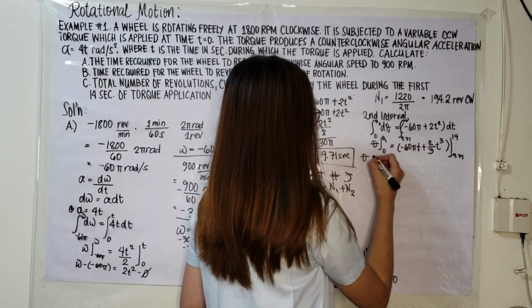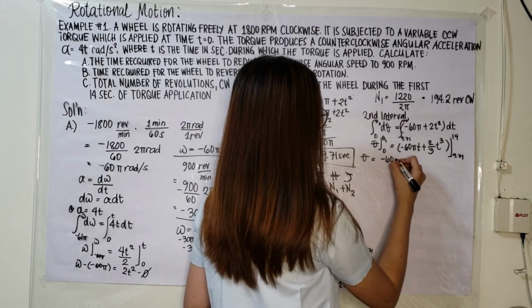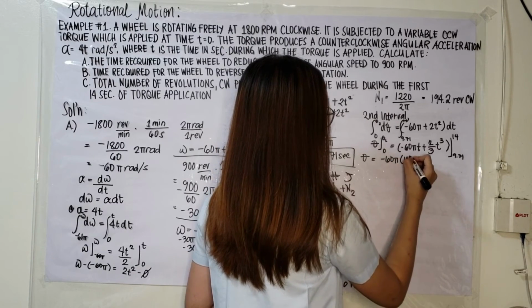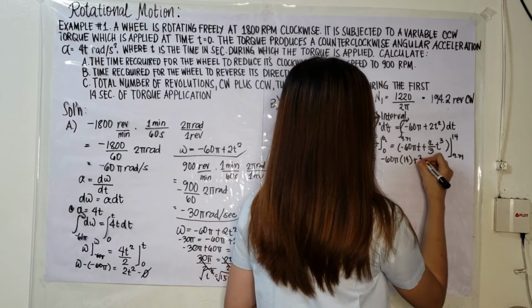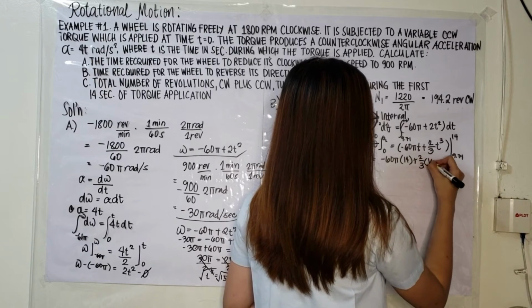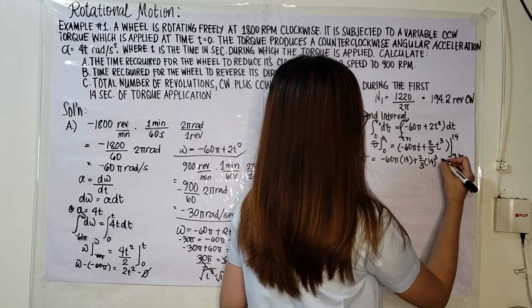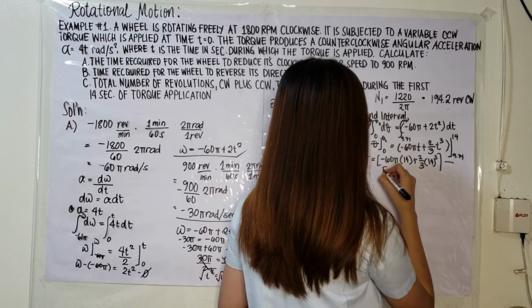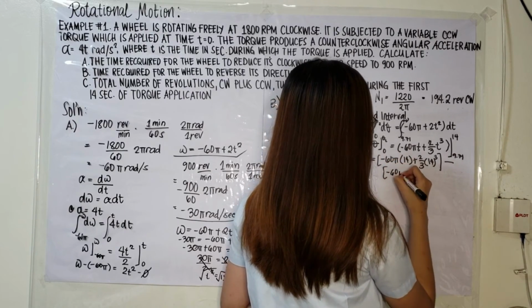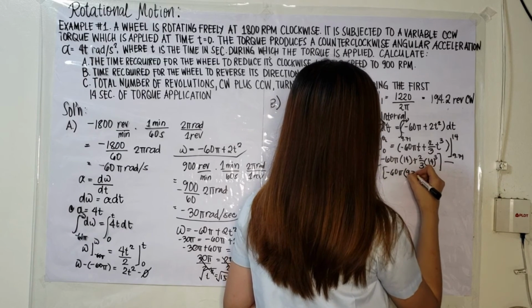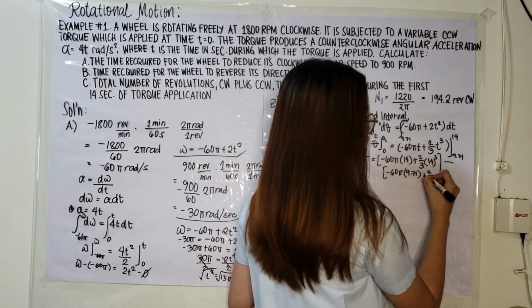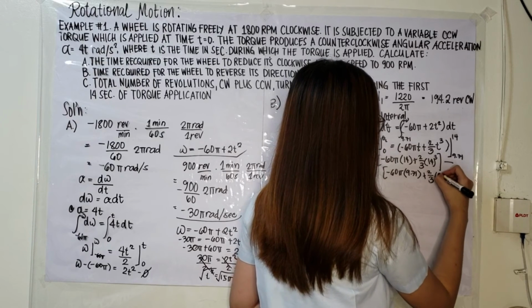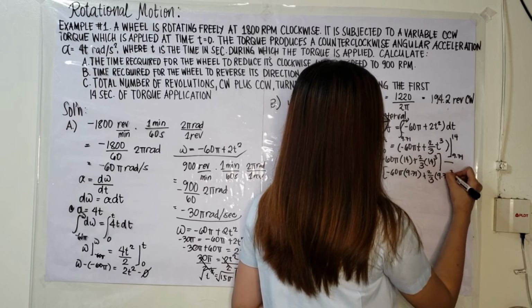So we have theta is equal to negative 60 pi times 14 plus 2/3 times 14 cubed, minus negative 60 pi times 9.71 plus 2/3 times 9.71 cubed.